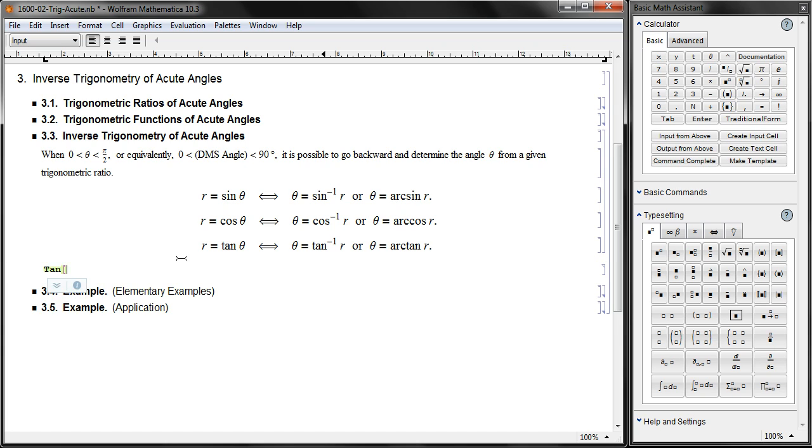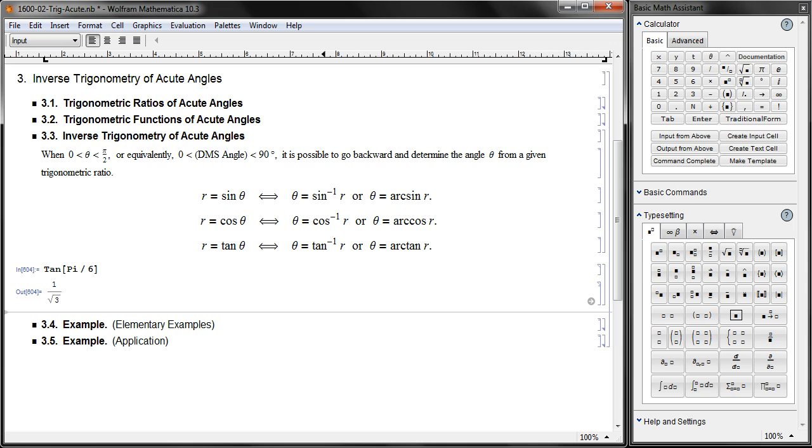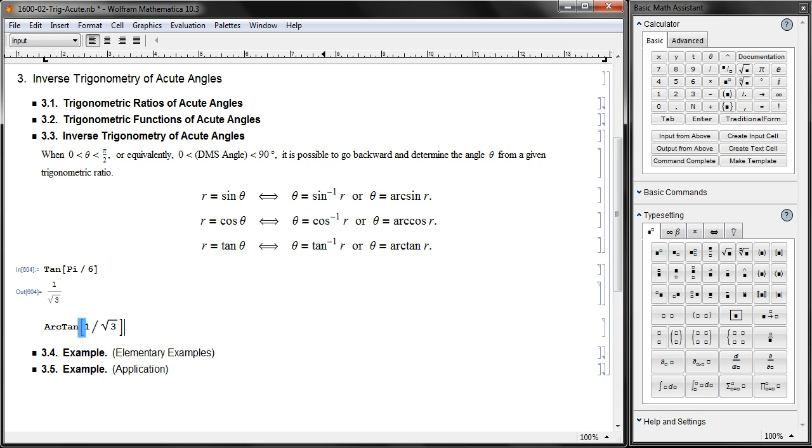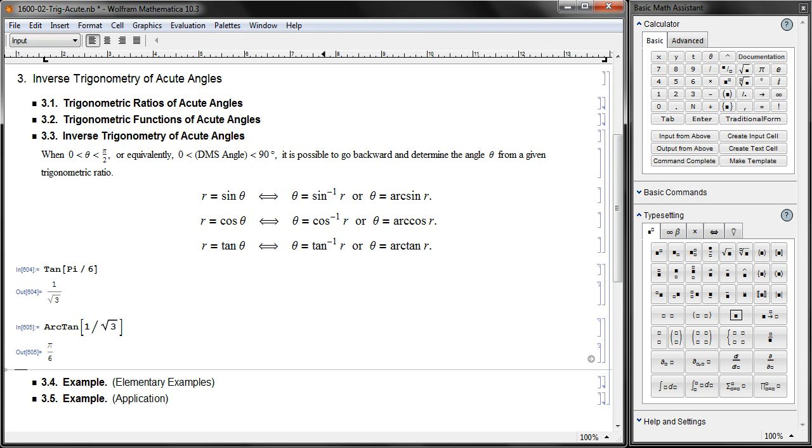What is tangent of, say, pi over 6? It is 1 over square root of 3. How about arctangent of 1 over square root of 3? It is pi over 6. You can go back to the angle from inverse trigonometric functions whenever we begin from an acute angle.